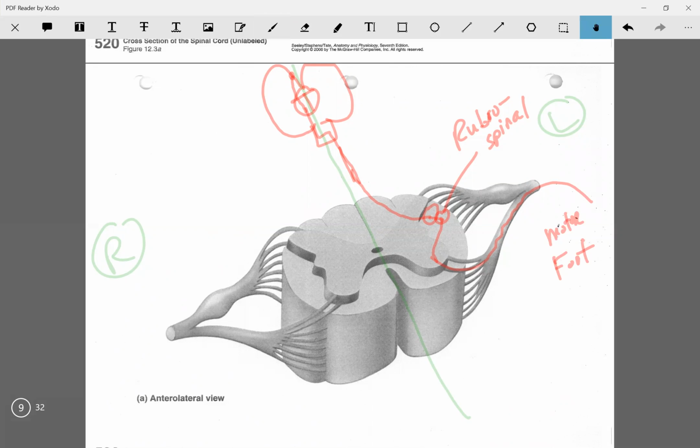Now, what we're drawing out is a very simplified version of how these pathways take. It is absolutely crazy how much they have mapped out. That would be for more advanced neuroanatomy. We're not going to take it to that level because there are many, many pathways in the brain.